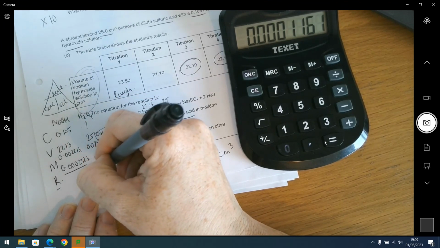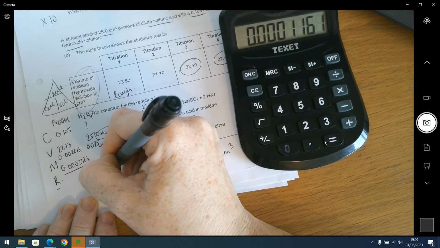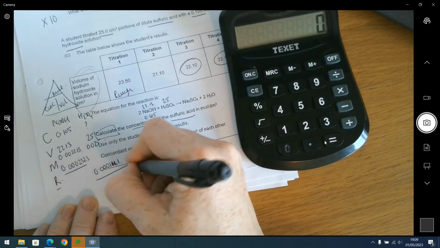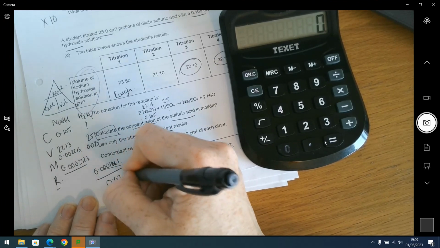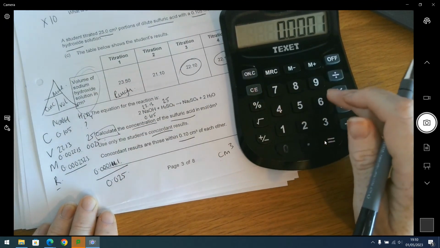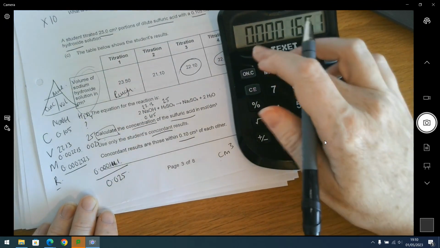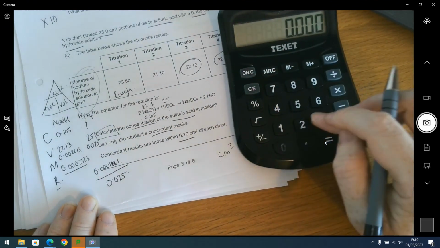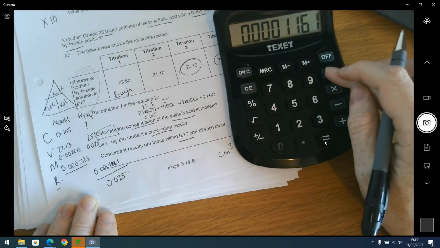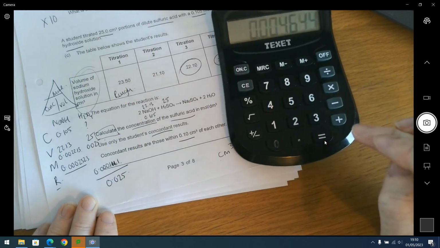So 0.1161. And now I can work out the concentration, because I'm then just going to divide that by the volume. So 0.1231661, was it? I need to double check this now. Okay, and then I'm dividing that by 0.025.